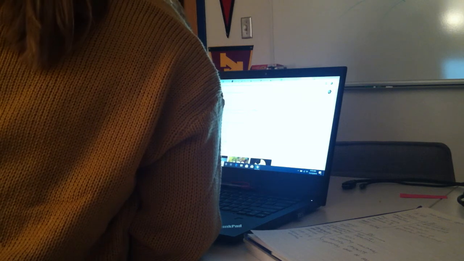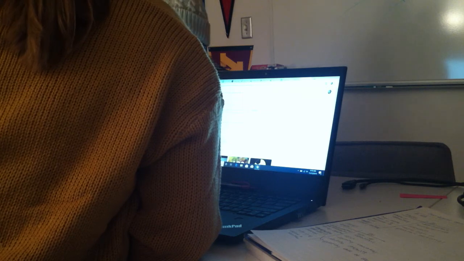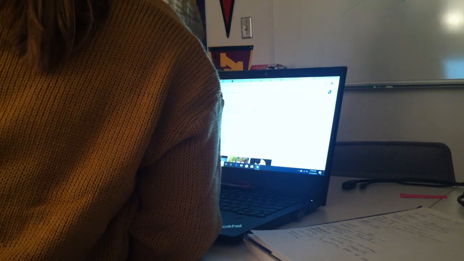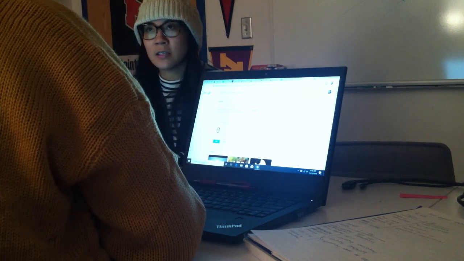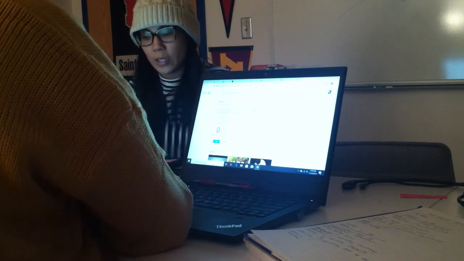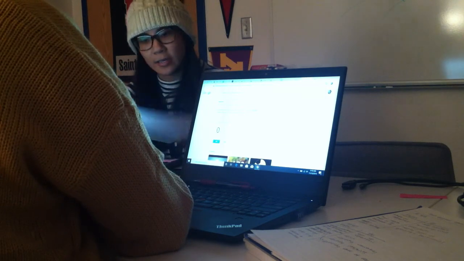And they said to get the variable on one side of the equal sign. So a lot more emphasis on the meaning of isolating a variable, and in order to understand isolating the variable you must know that it's an equation and not an expression, which I didn't have at all.